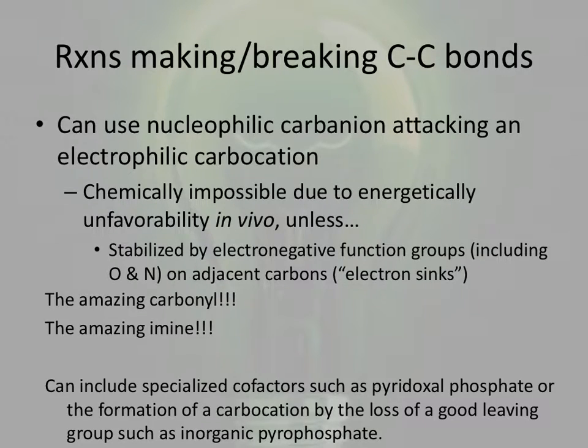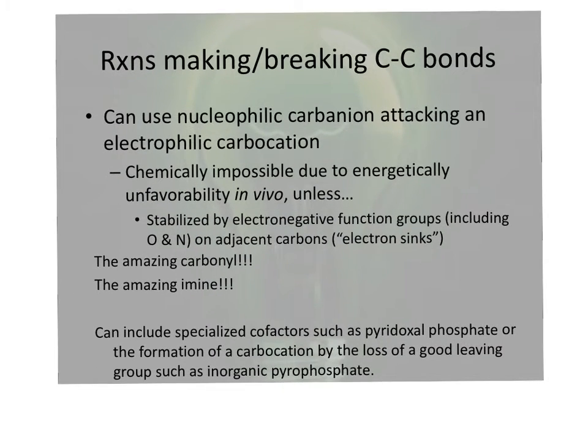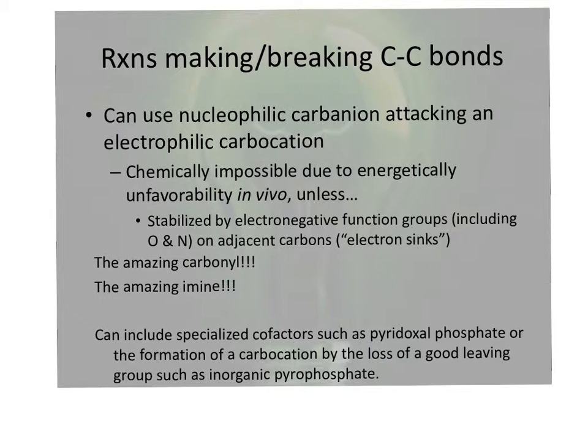So now we're just going to start looking at some of these. These are for reactions that make or break bonds. So this is the R. They can use either a nucleophilic carbanion, which, what is that?